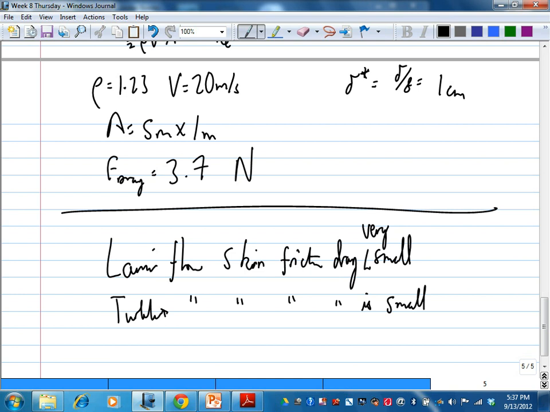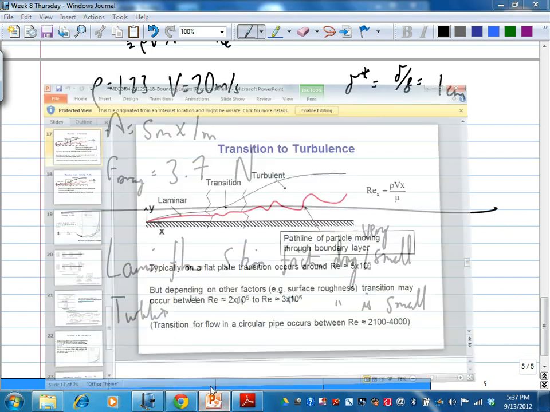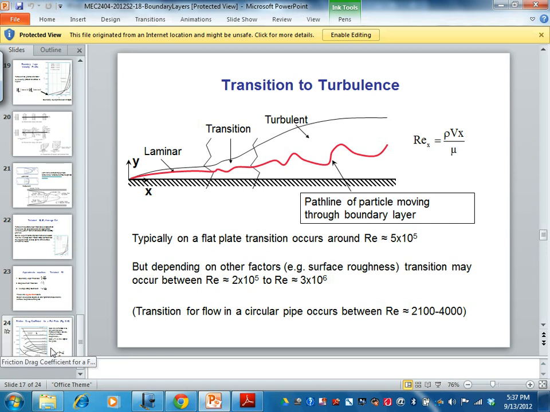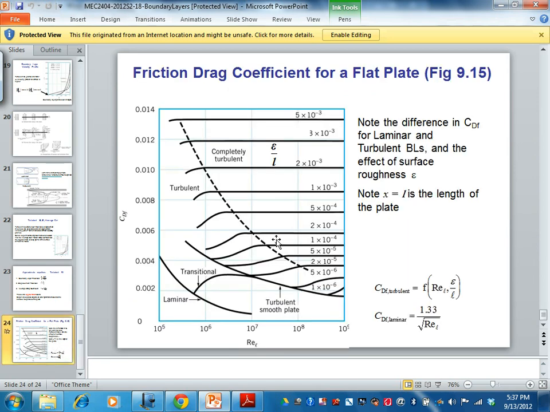Here we use the equation to calculate, but by right, there is this picture here. That equation by right is this turbulent line for a smooth plate. If your plate is rougher, depending on your Reynolds number and the roughness of the plate, you can look up from this graph here.